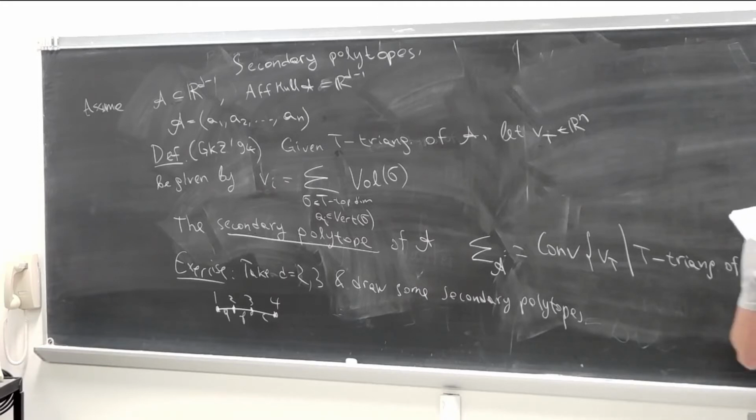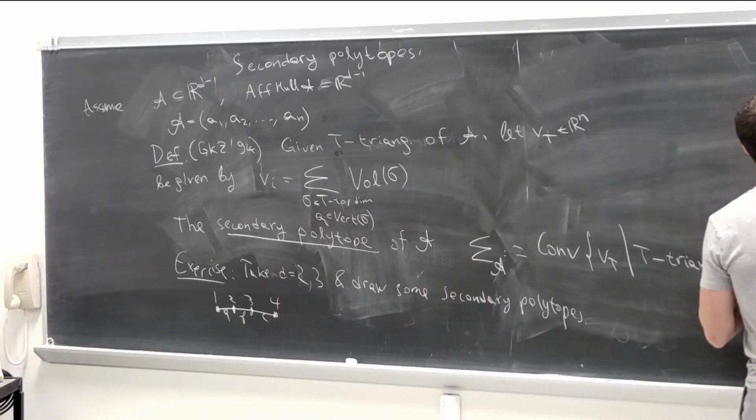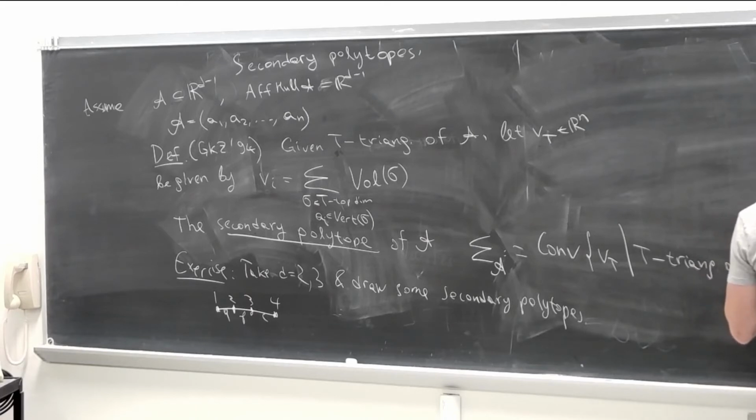And the second claim is that the vertices of the secondary polytope, these are not all of these vectors, but only the ones corresponding to regular triangulations, v sub T, T a regular triangulation of A.